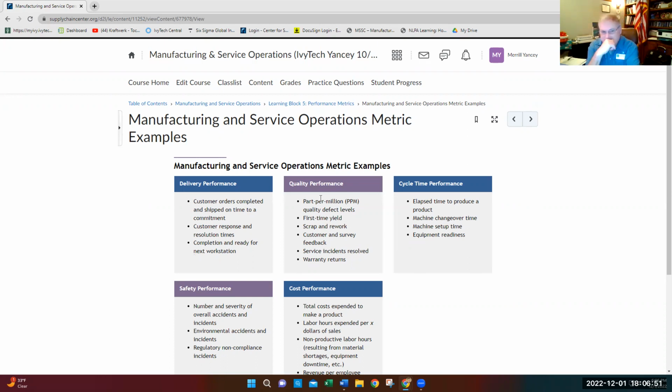It talks about quality performance. Does anybody know Six Sigma, what the parts per million defects can be? Okay. In your Logistics 201, which is quality and lean management, it explains what parts per million is, how many errors you can have.